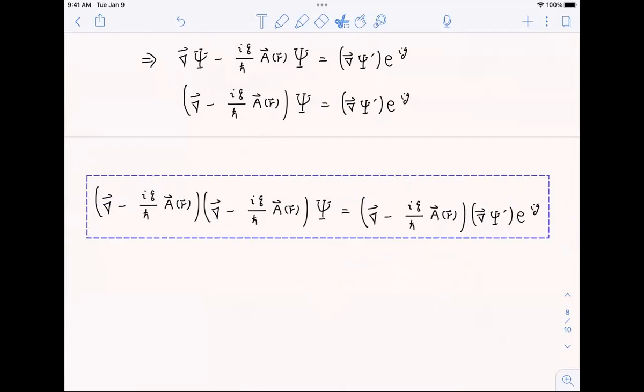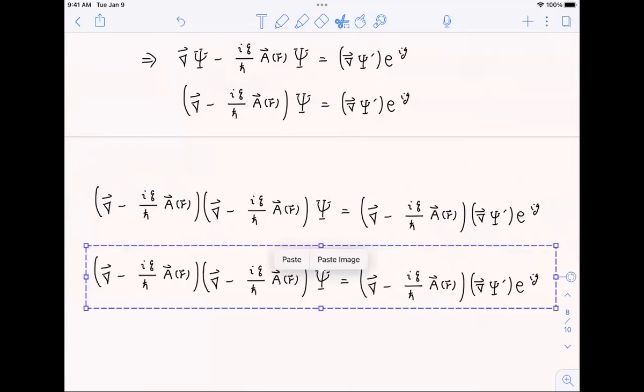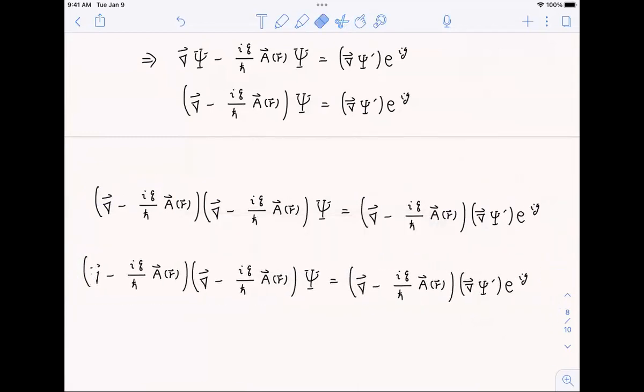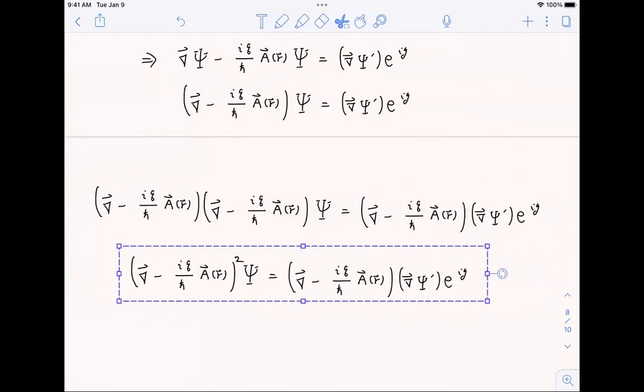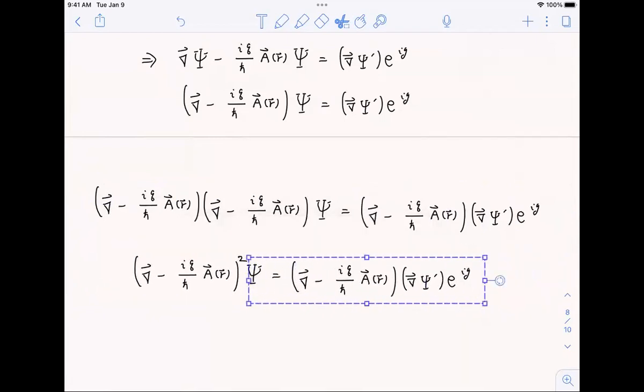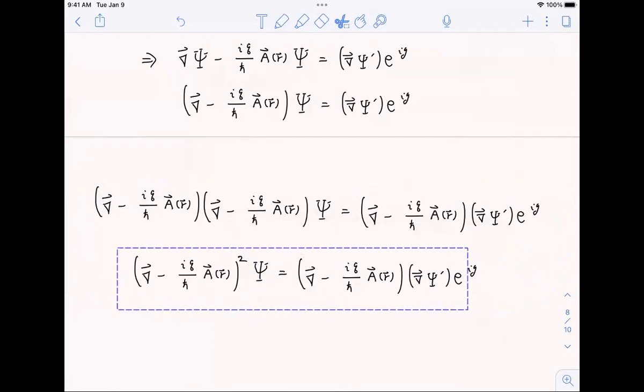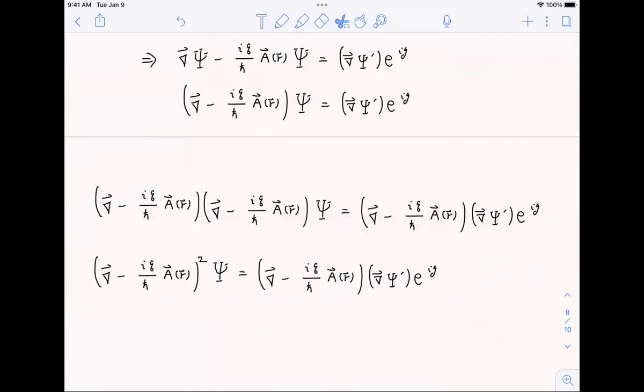So then let's copy. Then this will become square. Okay, so we're going to deal with this side.